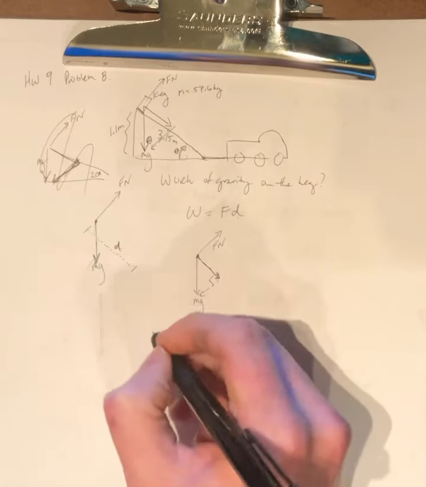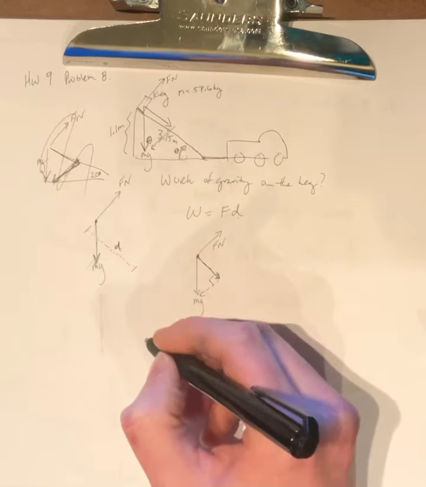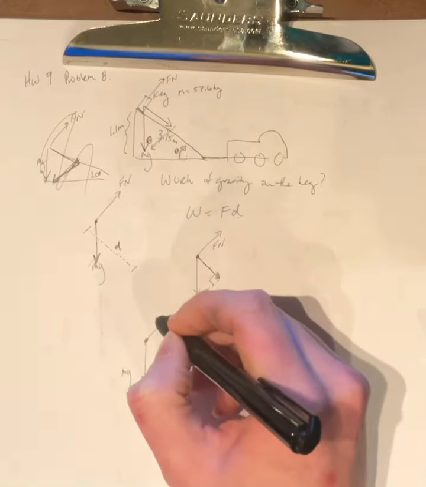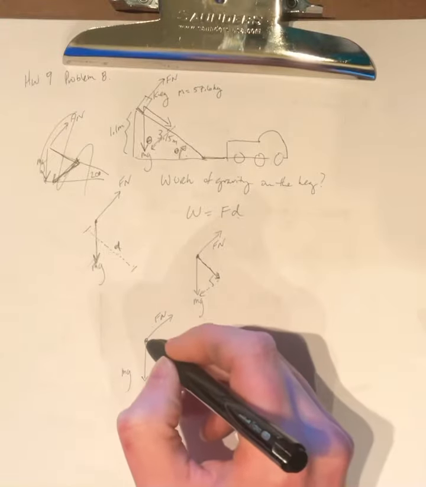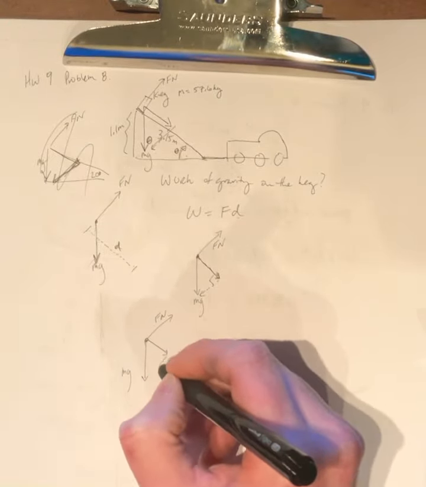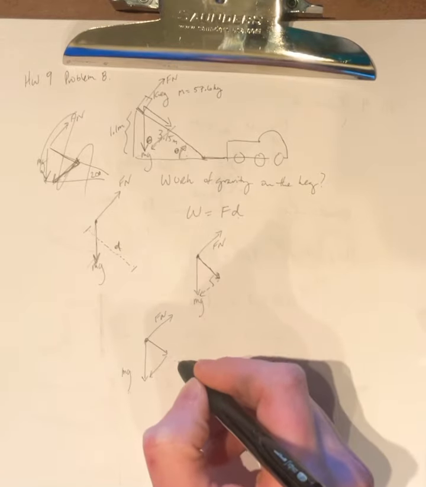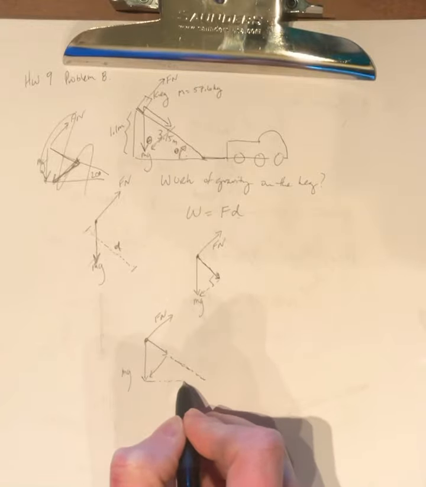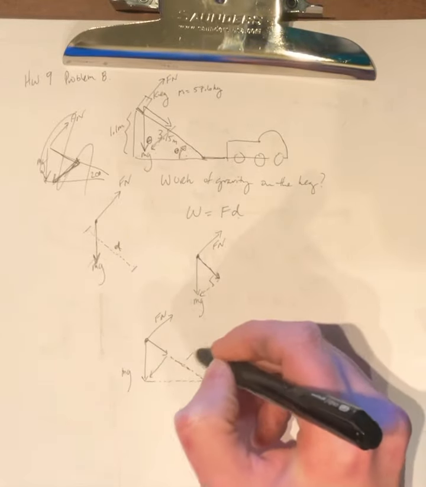Actually, let's just redraw here. mg, force normal. So this is our ramp.